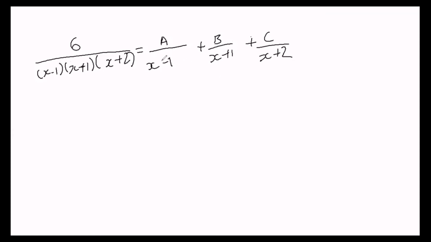So we get that by multiplying. My top will become a(x plus 1)(x plus 2). And what will be my b? b(x minus 1)(x plus 2).